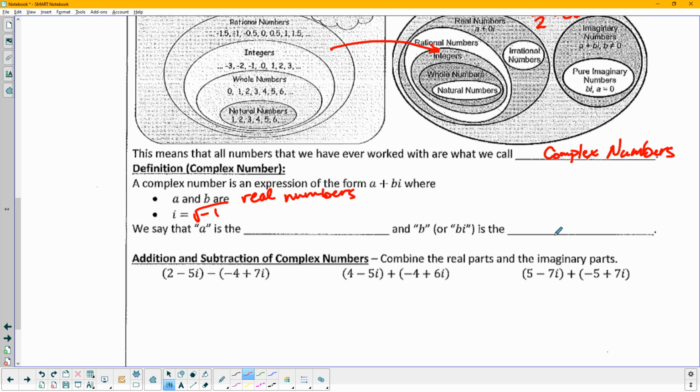We say verbally that a is the real part of a complex number, and for b, this is where I differ. One definition I read said that b is this other part, and I've always thought of bi as being this part, but it is called the imaginary part. So b or bi, it doesn't matter either way.